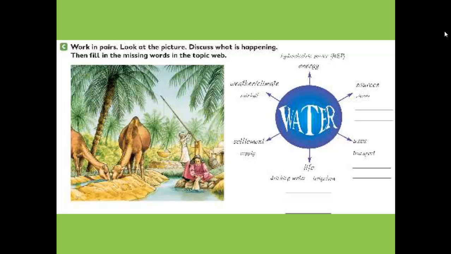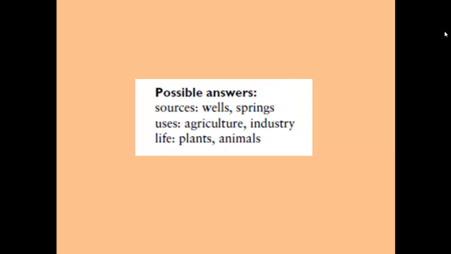So here in the spaces we can put these words. In the section of sources we put wells and springs, and for uses we put agriculture and industry, and under the title of life we put plants and animals.